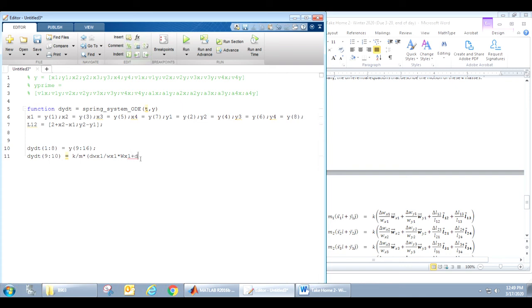Plus dwy1 divided by wy1 times wy1, plus dl12 divided by l12 times l12, plus dl13 divided by l13 times l13.